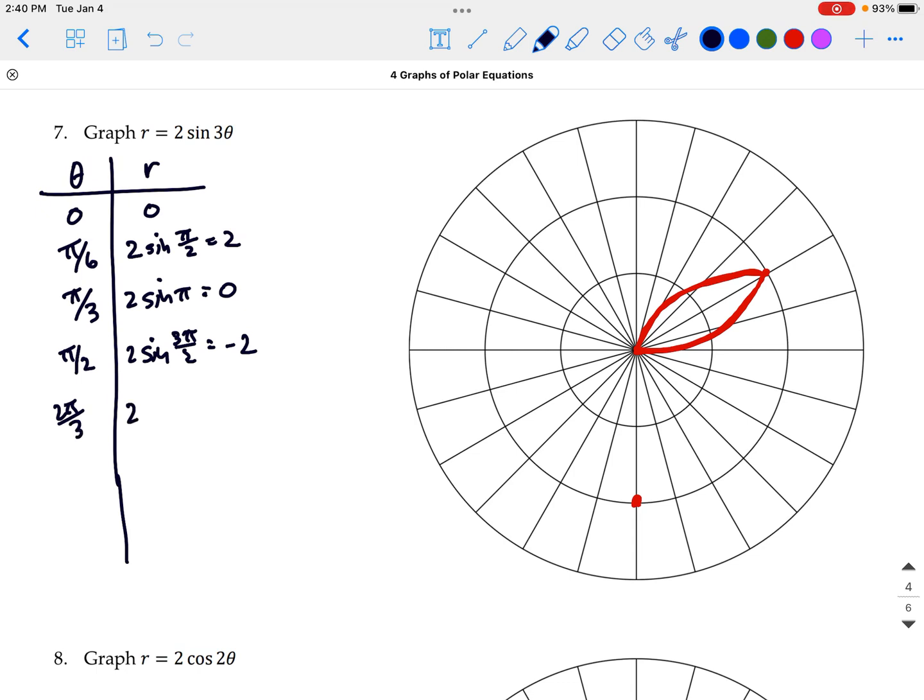So 2 pi over 3 is going to give us 2 sine of 6 pi over 3, which is 2 pi. So that's just going to bring us back to 0. So from pi over 2 to 2 pi over 3, we rotate around, and then we go back to 0 again.